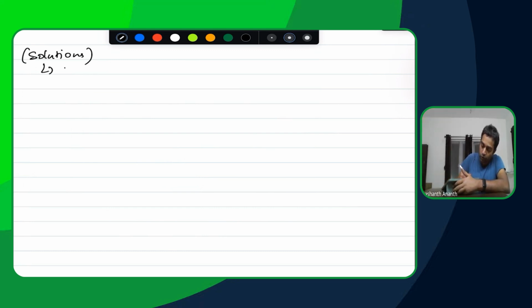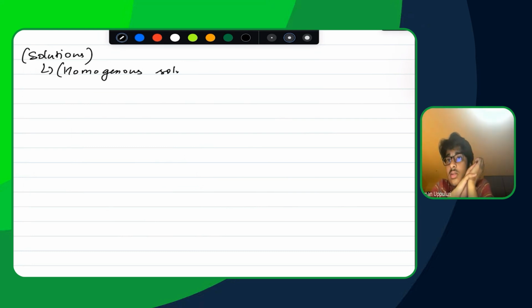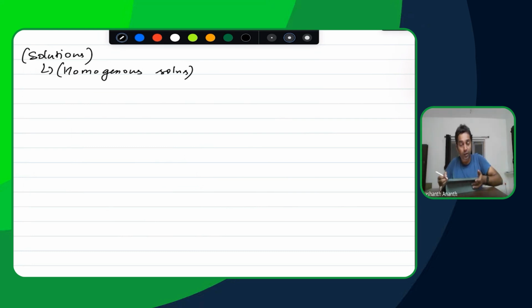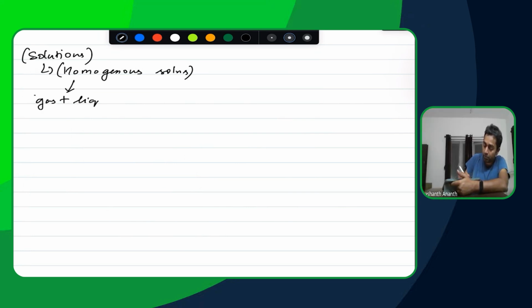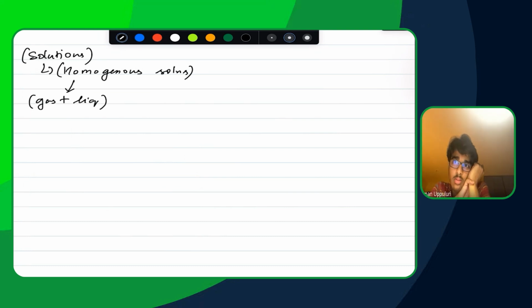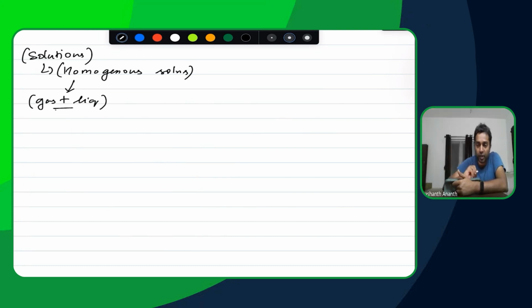So when we talk about these homogeneous solutions, how can we break them down into different types? Let's break them down into types now. First off, what are we having here first? Gas plus liquid. Correct? So for gas plus liquid, what is going to be the case there?